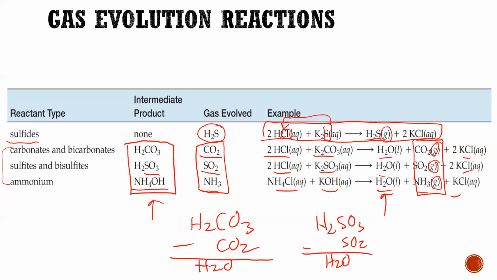Water. That's what they all have in common. Now, the ammonium hydroxide, it's harder to see. So I tell people we're going to subtract NH3. And what's going to be left is HOH, which we saw in our neutralization reactions, is just water because it's the proton from the acid and the hydroxide from the base.